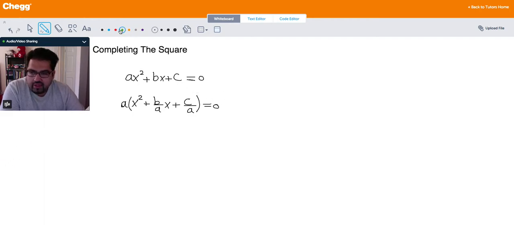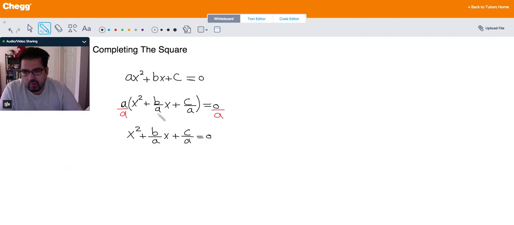So I can divide both sides by a. So I would have x squared plus b over a x plus c over a equal to 0. So the first step was getting rid of the coefficient of x squared, which is a here. I factored it out and then I divided both sides by a.